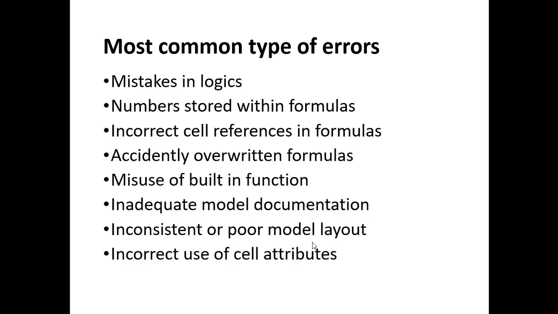And also the incorrect use of cell attributes. The cells have different attributes, so you may use them incorrectly. In time to come, you may witness these things. So everything would mean errors, and errors can take different forms.